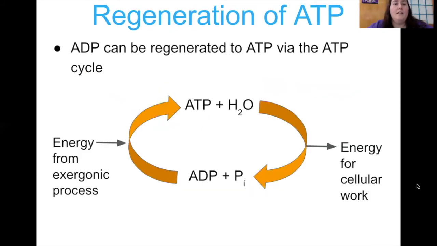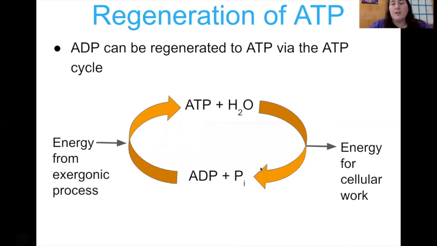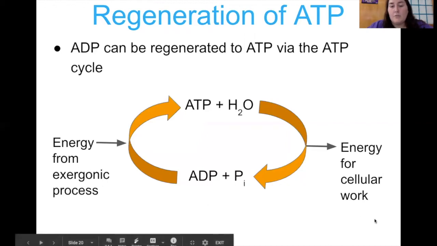Like I said earlier, ADP and ATP can be recycled within a cell. Once ATP, with the addition of water, breaks off that phosphate group, it can do cellular work. But with the addition of that phosphate group and the removal of water through dehydration synthesis, ADP can become ATP via an endergonic reaction.